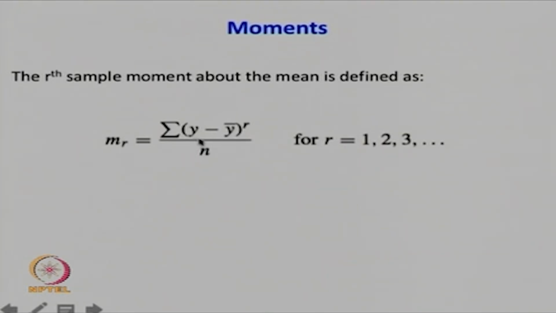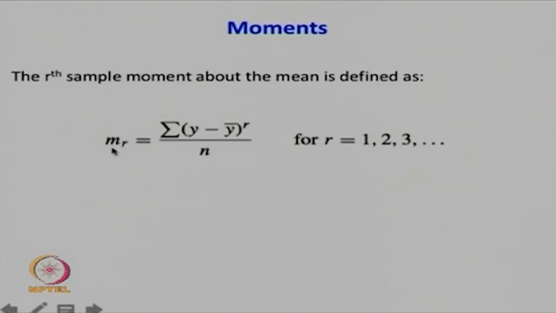This is because for every value of y situated to the left of y bar, there is another value of y situated to the right of y bar, and the frequencies of these two values are equal. So, for every negative value that you accumulate for, let us say, y1 minus y bar, there is a corresponding y2 minus y bar which is positive and of equal value. These will cancel each other out, eventually giving you a value of m3 or m5 equal to 0. But of course, for an asymmetric distribution, this value is not going to be 0; it will have some value.